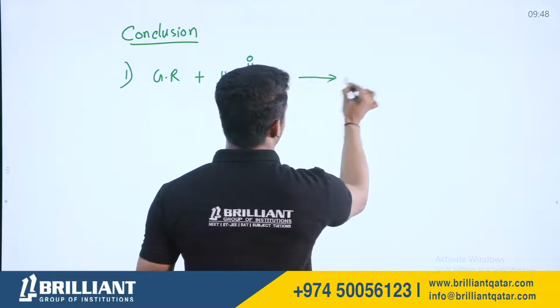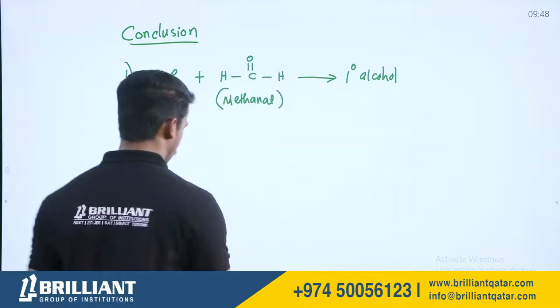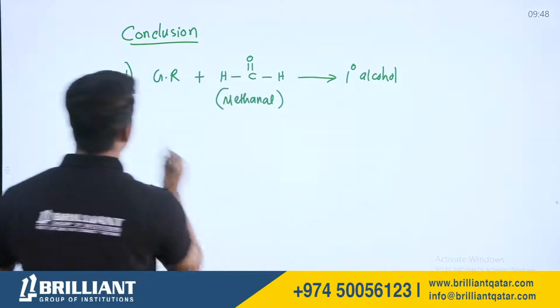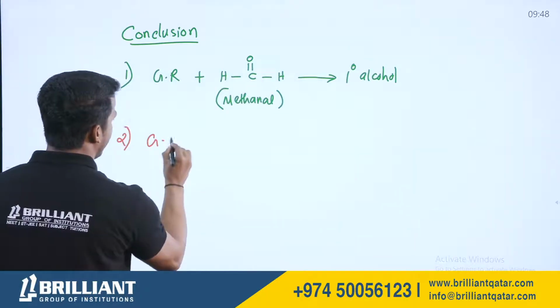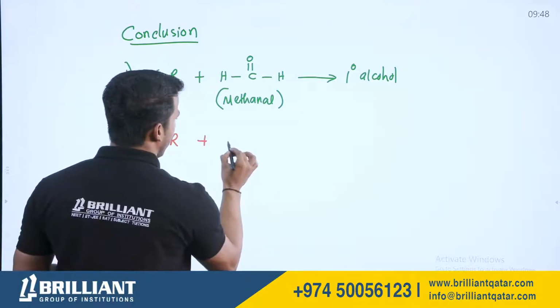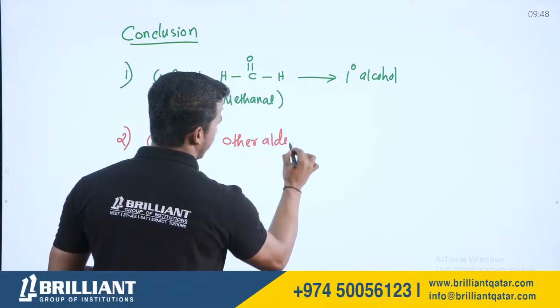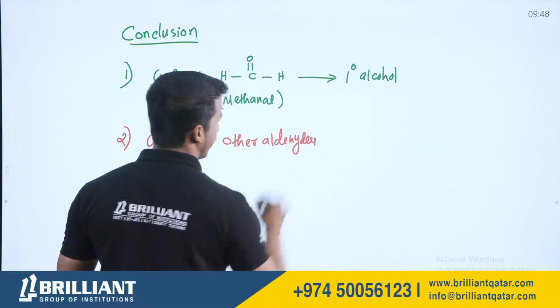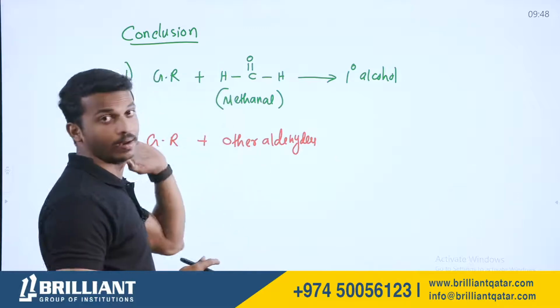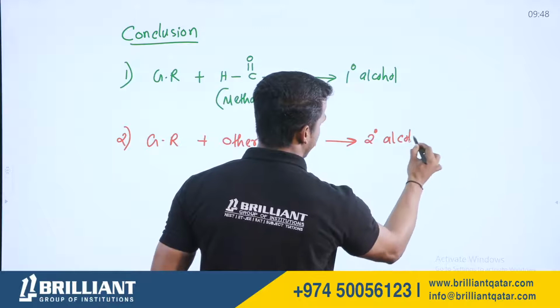Finally, the product will always be primary alcohol. What about the second situation? Any Grignard reagent, when you treat it with other aldehydes, that means except methanal, we will always get secondary alcohol.